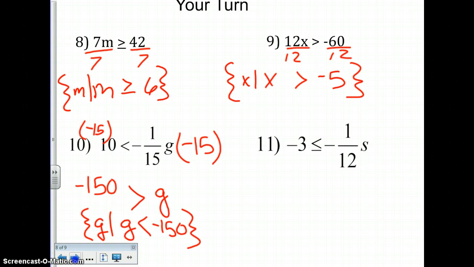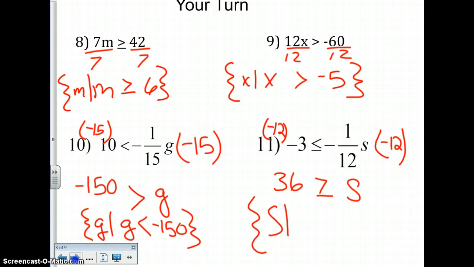In this case I have a negative 1/12, so I need to multiply by its reciprocal, negative 12, negative 12, flip the inequality, and that's going to give us a positive 36, and S, again in set builder notation, S such that S is all numbers less than or equal to 36.